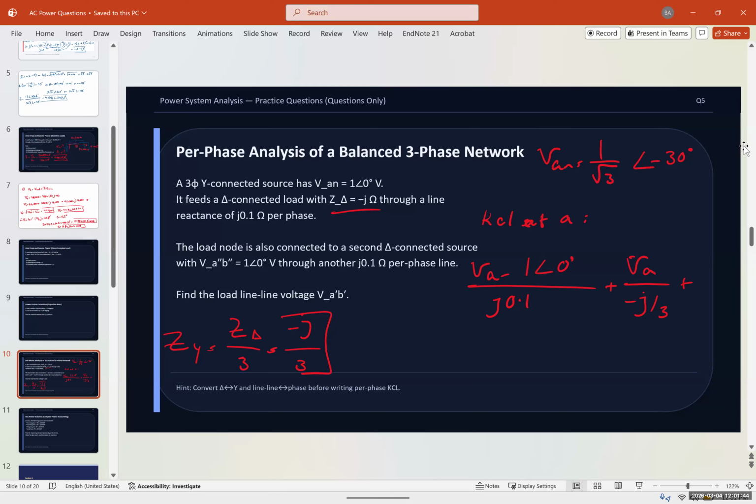So we have to find the equivalent line voltage here, because it's through one line that it goes. Let me finish it and I'll draw everything. So VA, I'm going to write the rest here: minus 1 over square root of 3 with an angle of negative 30 degrees over j 0.1, which is going to be equal to 0.